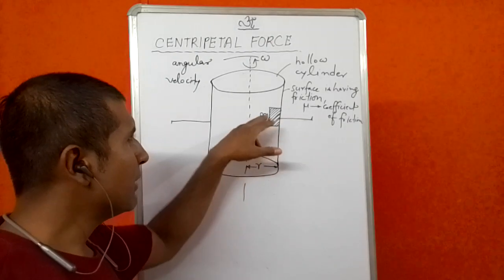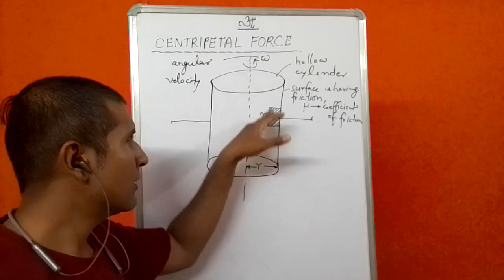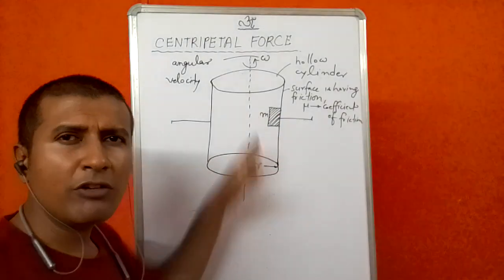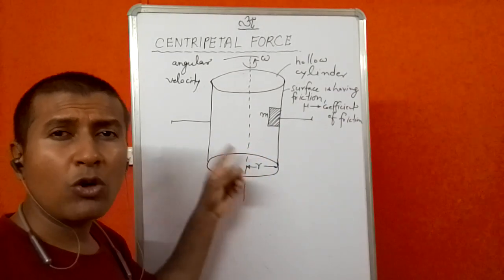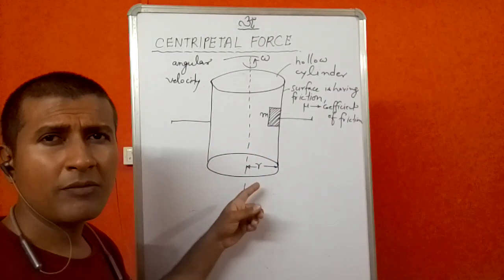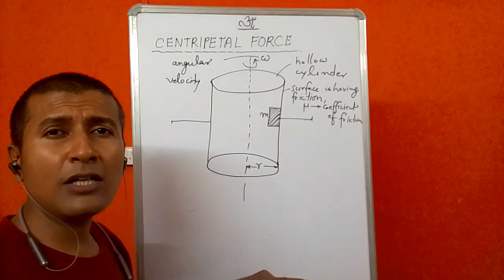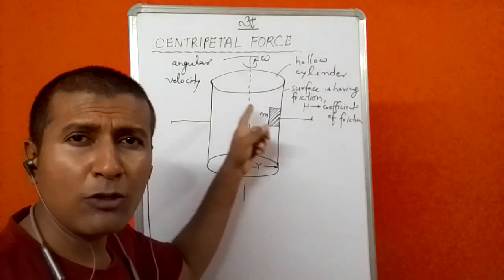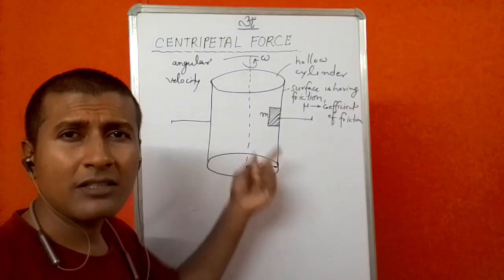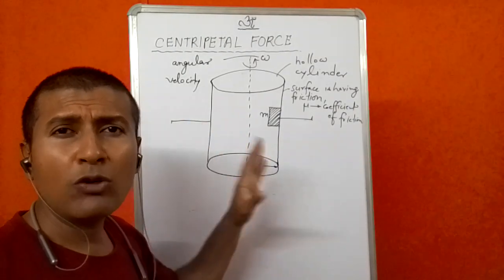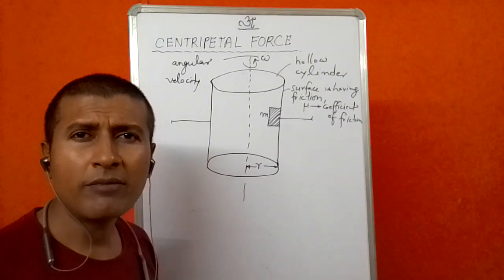If you just leave it like this and the cylinder is not rotating, what will happen? This body will lose the contact and it will fall down, right? But here the body is not losing the contact because the cylinder is being rotated. So you need to find out that minimum value of angular velocity with which the cylinder must be rotated so that this body may not fall down, correct? And mustn't lose contact, right?